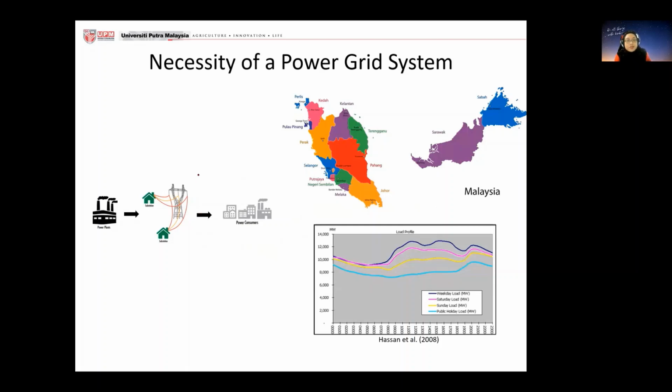Not possible. So even now we have, I can't remember the exact number, a lot of different power plants across the country, not only in Peninsula, but also in Sabah and Sarawak.